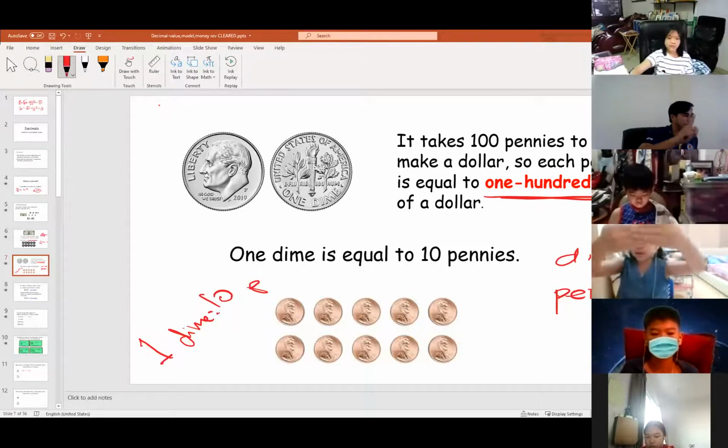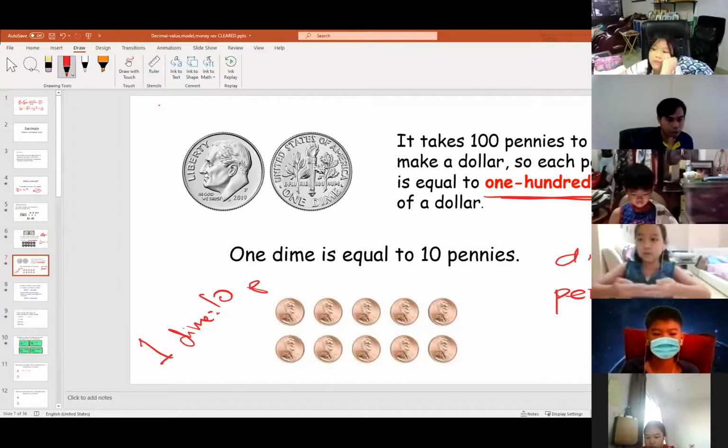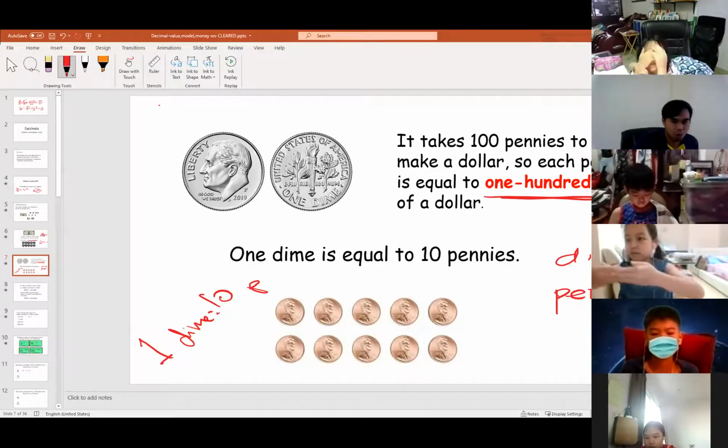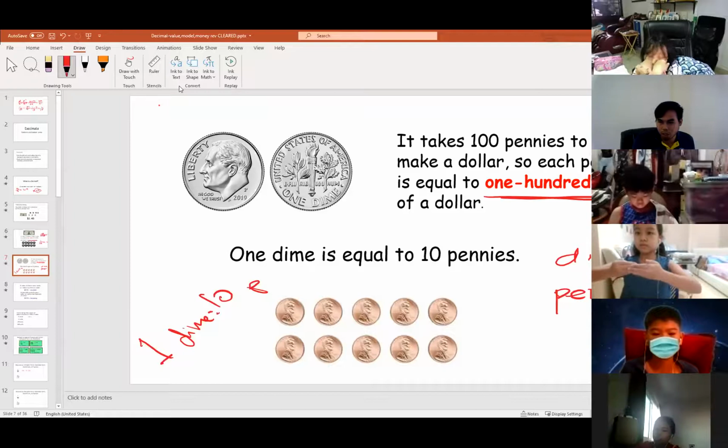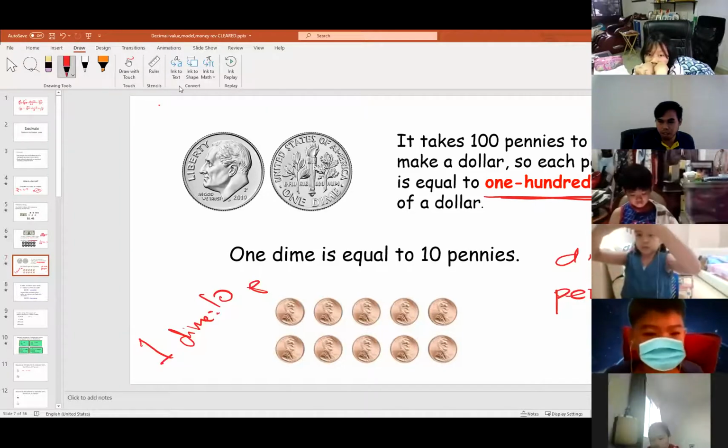You need 10 pennies to make 1 dime. Is that clear? So for pennies, it is 1 over 100, and to make it decimal form, it is 0.01.